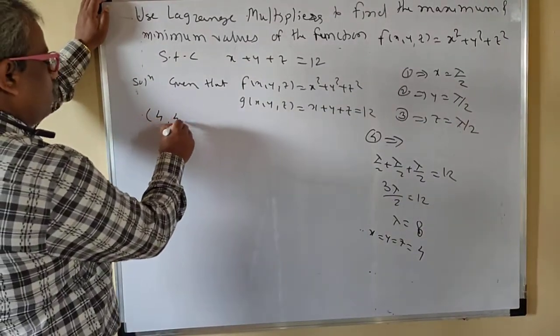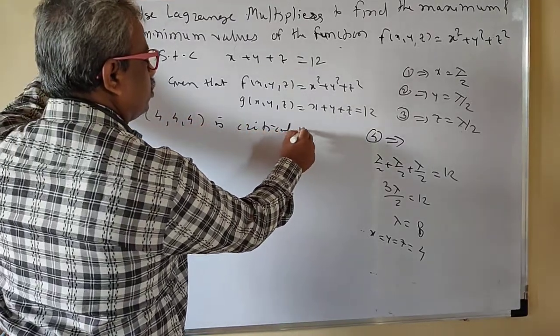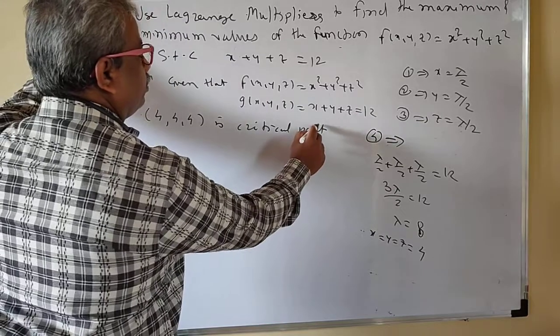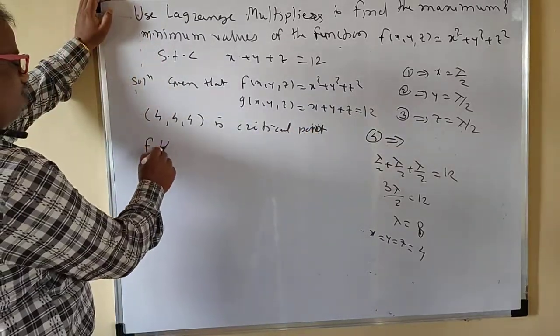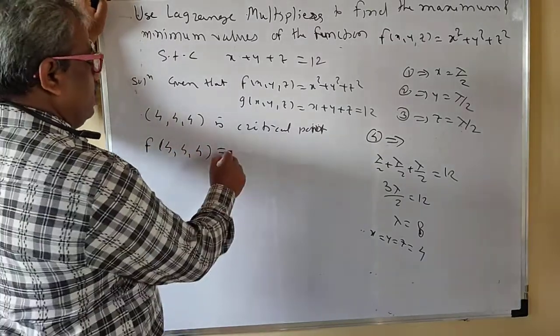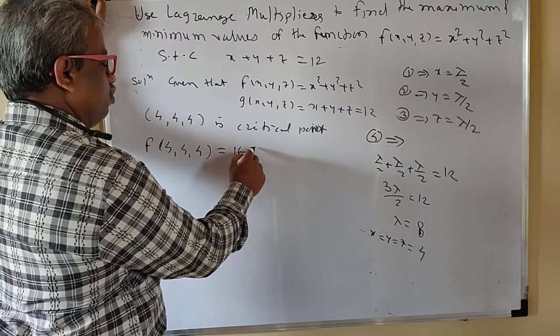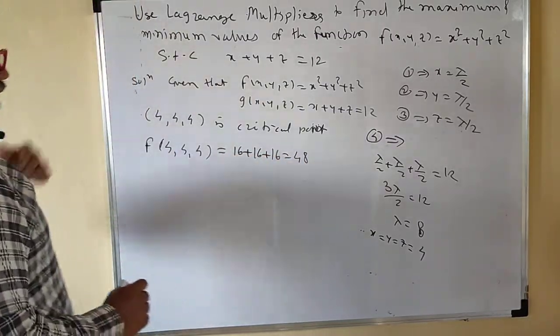So 4, 4, 4 is a critical point. Now f of 4, 4, 4 is what? 16 plus 16 plus 16 is equal to 48.